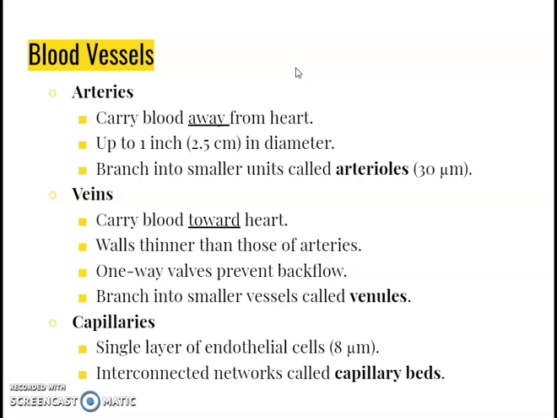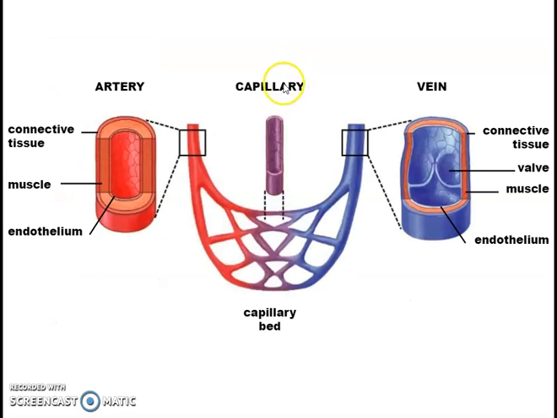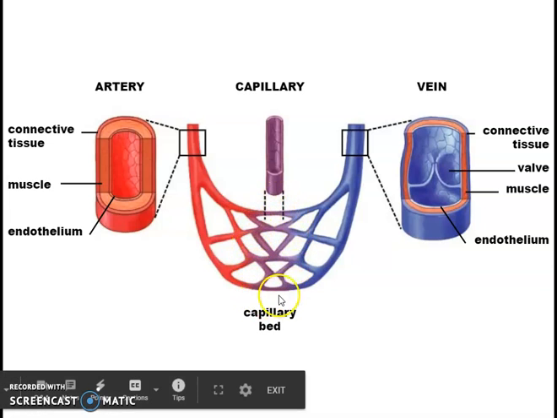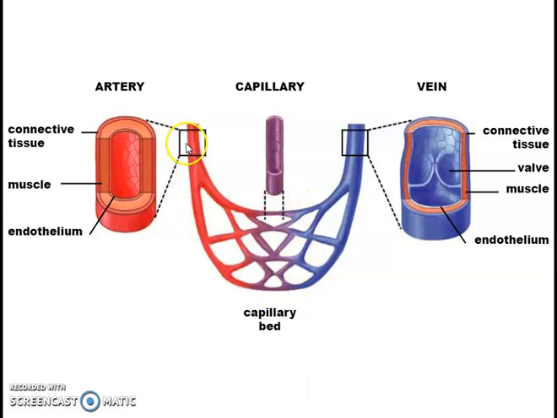Okay, so if we think about that overall pattern, you have an artery, and so here's a big artery. Let's say it's leaving the heart. It's going to branch into smaller arteries and smaller arteries until you hit the capillaries. In the capillaries, it's going to dump off its oxygen. So notice we have this color change from red to purple to blue.